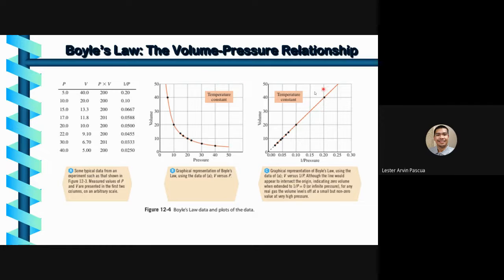Pero kapag ang ginamit mong scale ay volume versus 1 over pressure, kasi nga 'di ba we know na they are inversely proportional, makikita mo na straight line. Ibig sabihin nun, tama yung proportionality na ginagamit mo, which is inversely proportional nga.